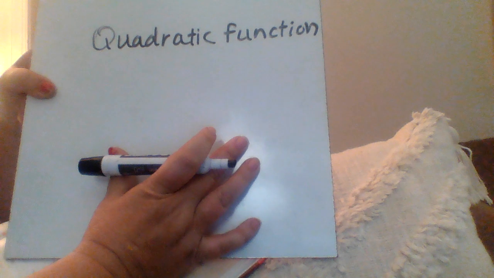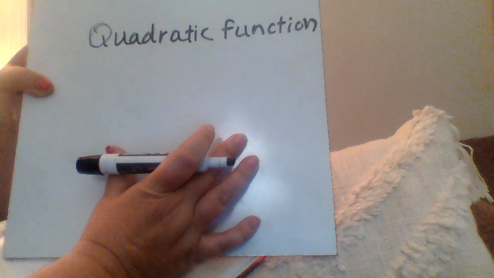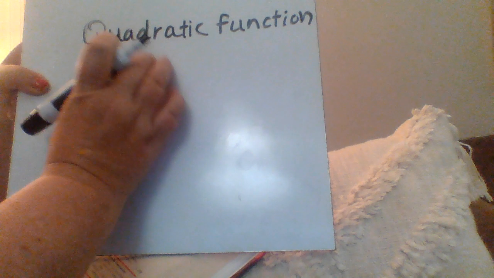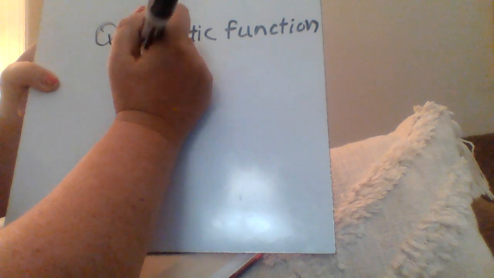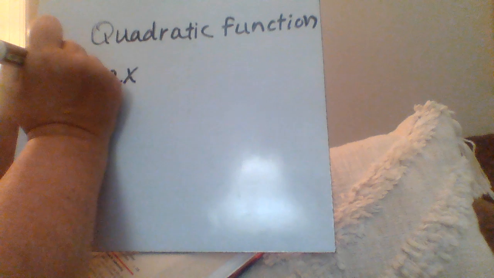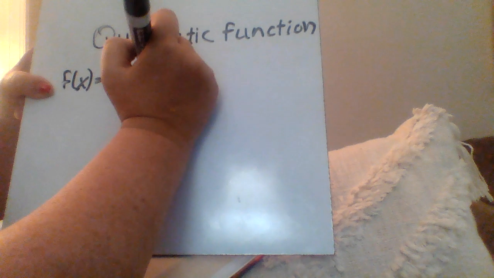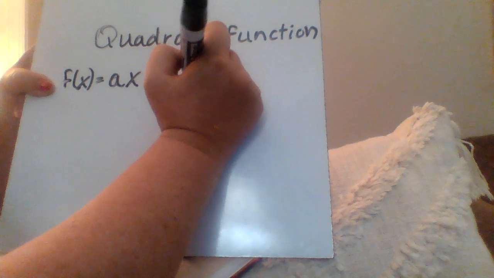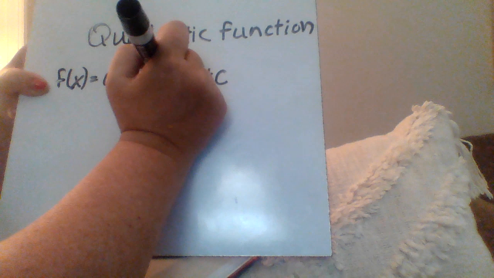Okay? If a is positive, the parabola opens upward, and if a is negative, the parabola opens downward. So from this quadratic function, we can write it in terms of this. The function is ax squared plus bx plus c. Okay?